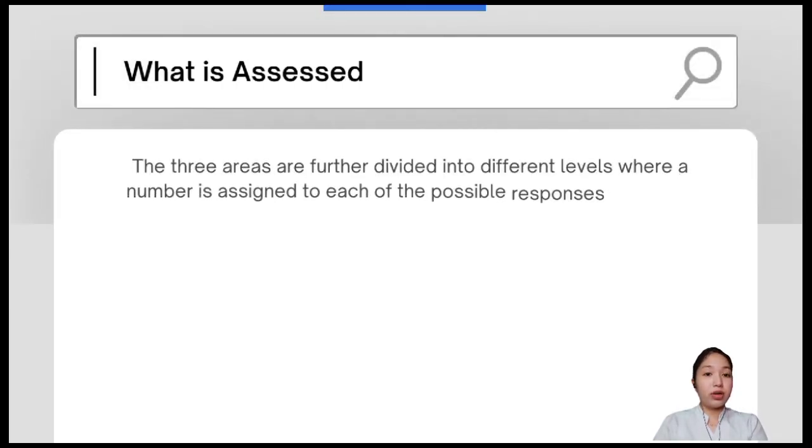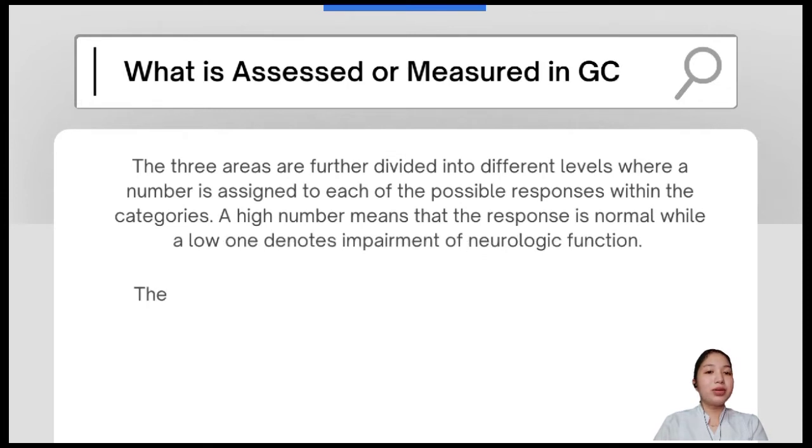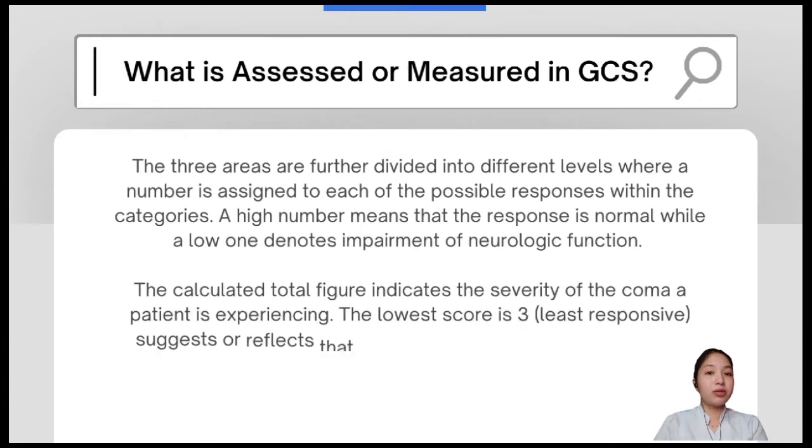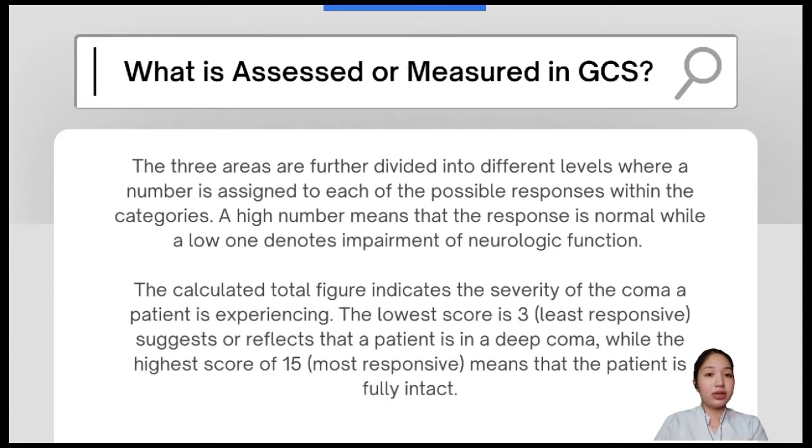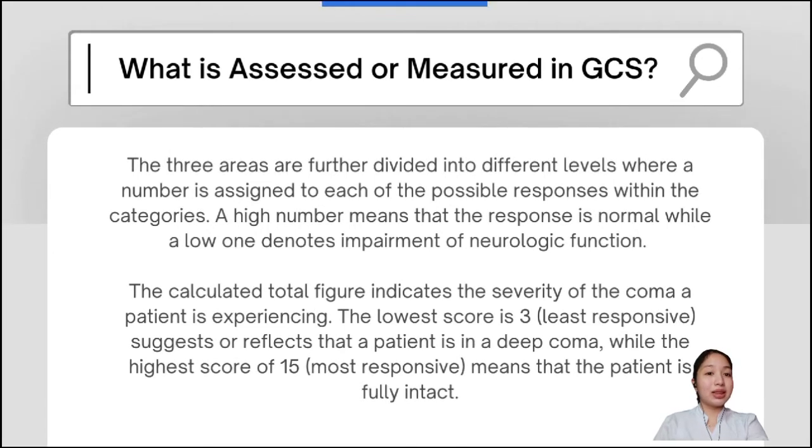The 3 areas are further divided into different levels where a number is assigned to each of the possible responses within the categories. A high number means that the response is normal, while a low number denotes an impairment of the neurologic function. The calculated total figure indicates the severity of the coma the patient is experiencing.